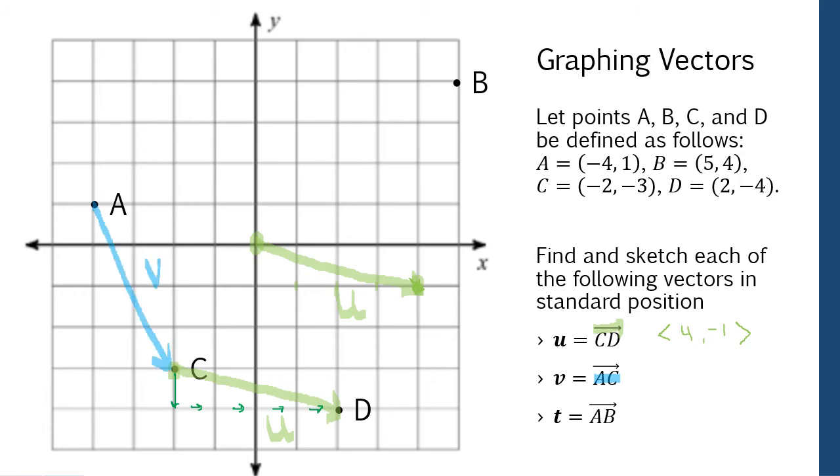This is vector v. So again, if we want to move this to the center of the graph, to the starting point at the origin, we have to think about how far down and how far over this arrow goes. So starting at point A, I have a displacement 1, 2, 3, 4 units down and 2 units to the right.